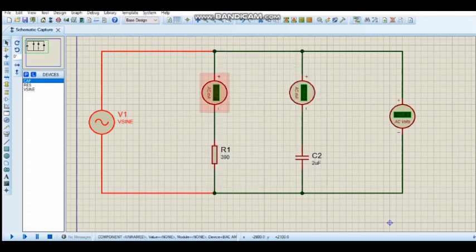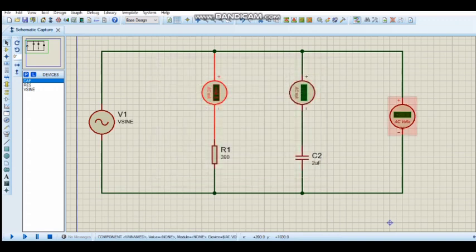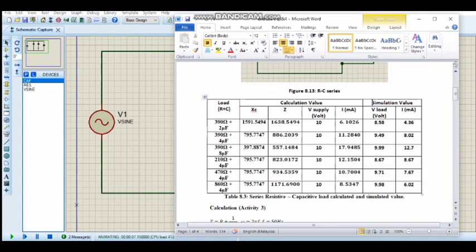For both meters, we choose milliampere and voltage. By the way, we also change the values for the resistor and capacitor. So we run. Now we look at the report.